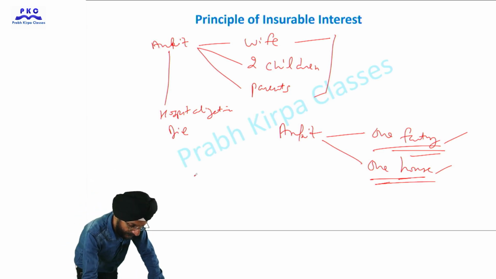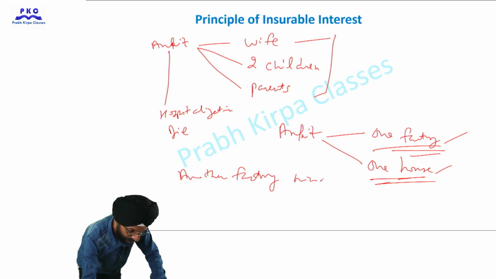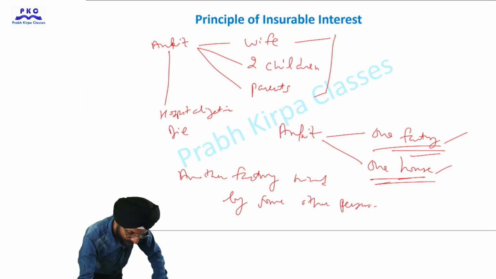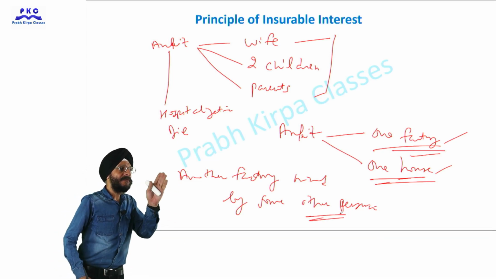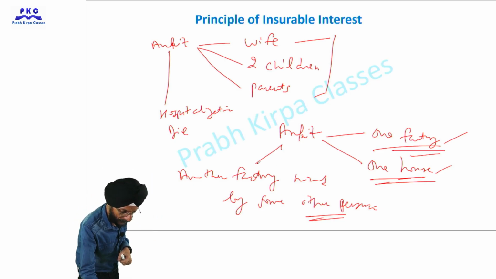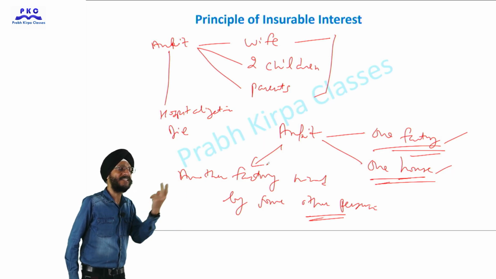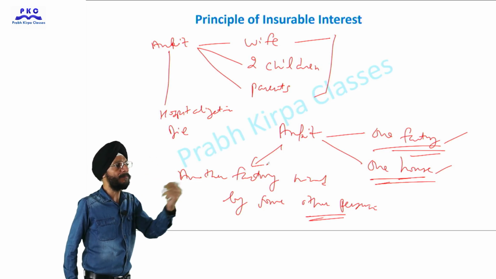Suppose there is another factory owned by some other person. Will Ankit stand to lose if there is fire in that property, that factory or that house owned by some other person?